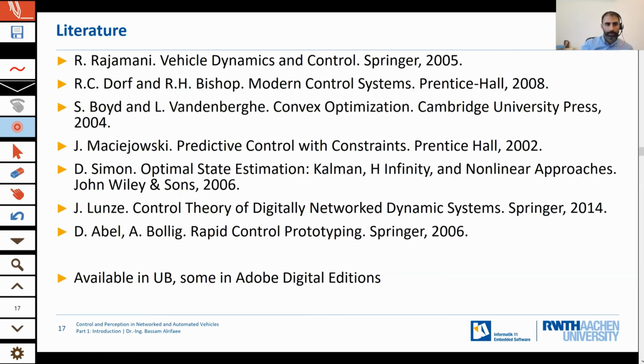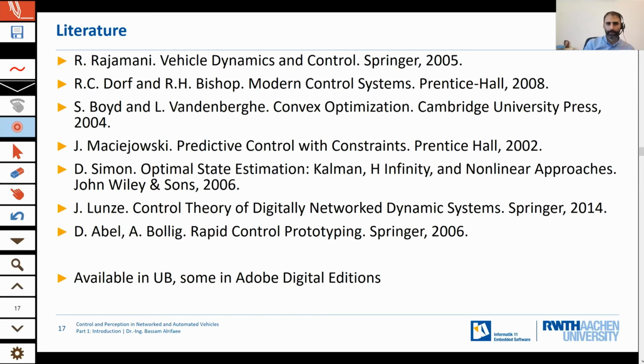So here you see some literature. I go rapidly through the literature. The first one is on vehicle dynamics and control. I tried to cover the course topics each by a book.